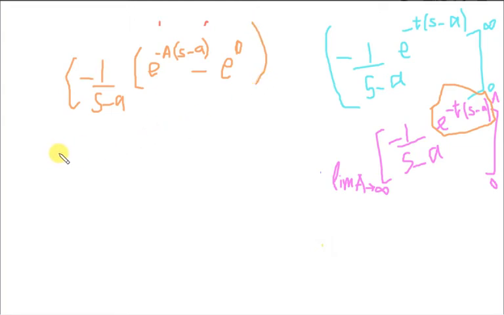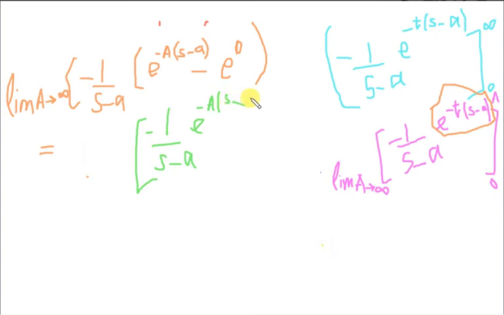In the next step we simplify it, so it will be the limit a approaches infinity of minus 1 over s minus a, and this term will become 1, so it will be e power minus a times s minus a, minus 1.